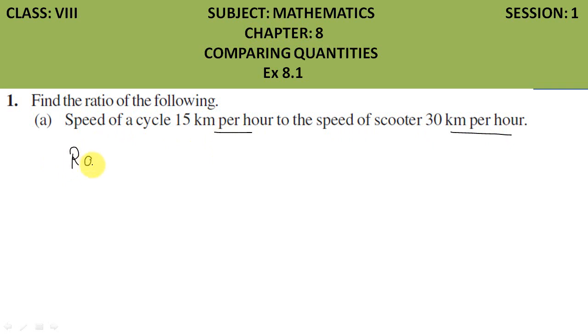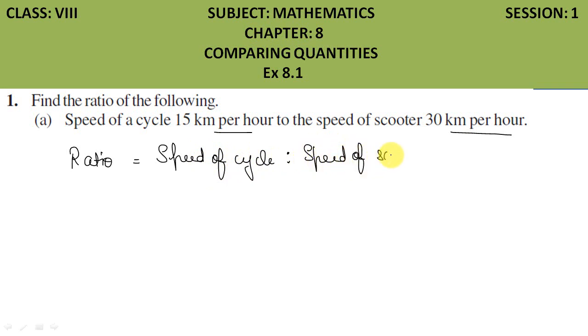So we will write ratio is equal to speed of cycle is to speed of scooter. Now the speed of cycle is given as 15 km per hour and the speed of scooter is 30 km per hour.